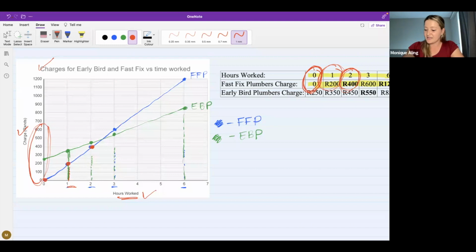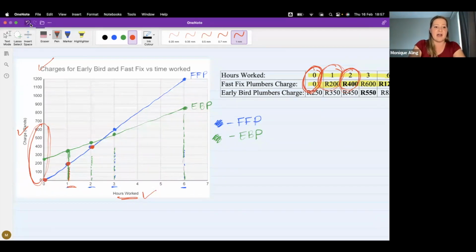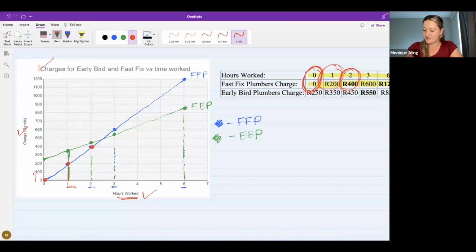If you're going from 0 to 100, you have to go up in hundreds the entire way. So as you can see here, they went up in hundreds. You can't choose 100, then all of a sudden go to 400, then to 600. It has to be equal increments because you also get a mark for that. So just general information for graph questions.